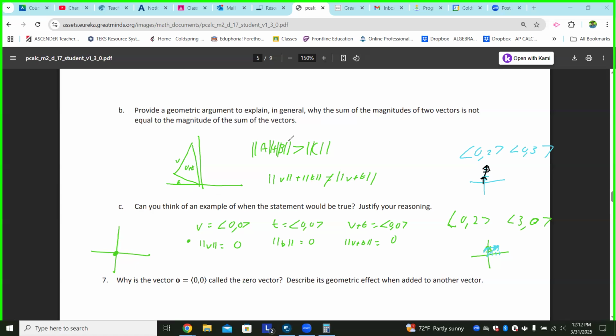And that's it right there. So where's my pin there? Because when you add 0, 0, nothing changes to the other vector. That's perfect.